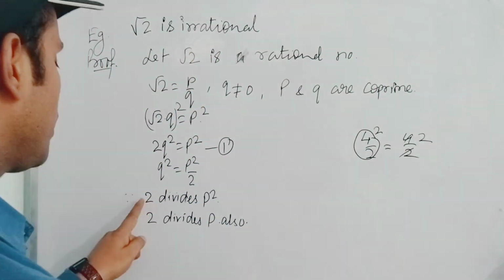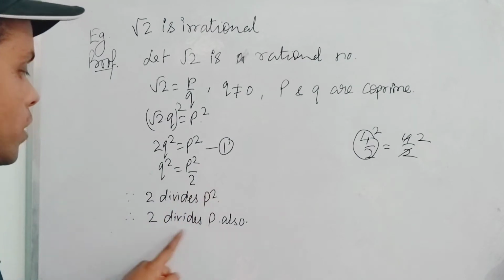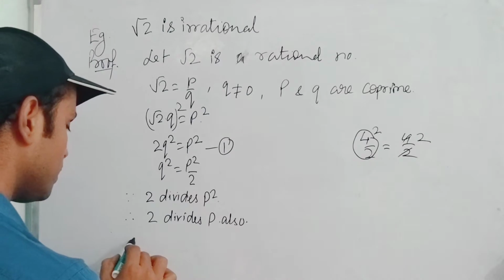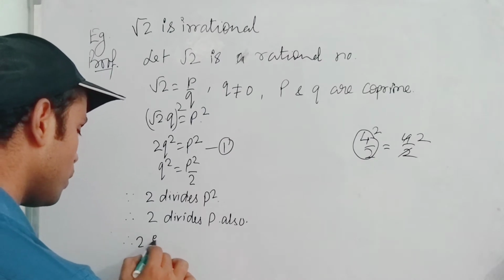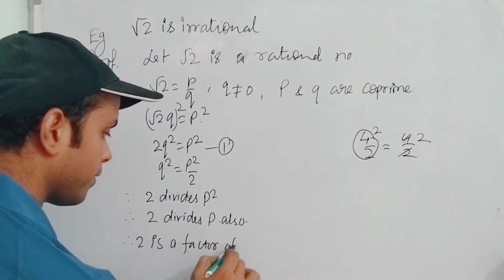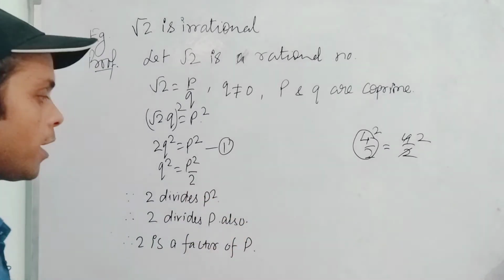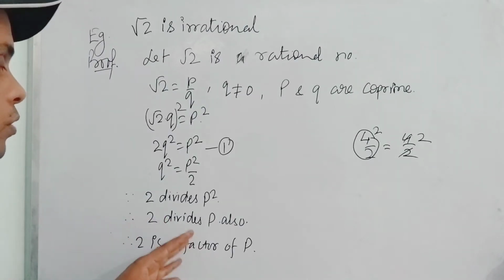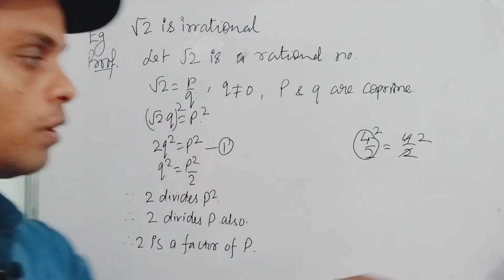So if 2 divides p square, that means 2 divides p also. So 2 is a factor of p. Similarly, we can prove that 2 is also a factor of q.